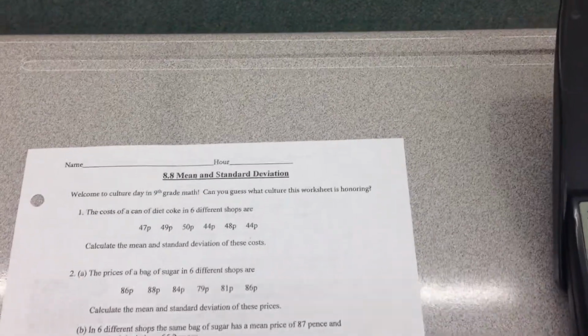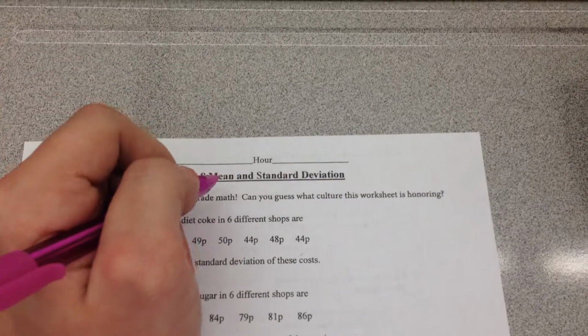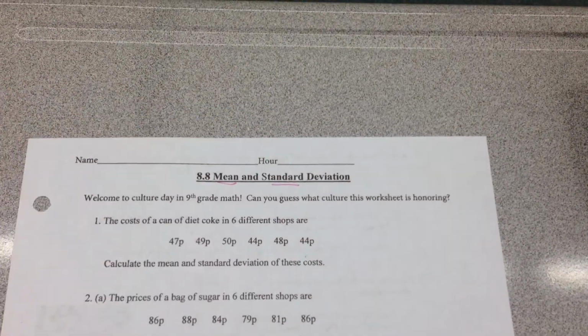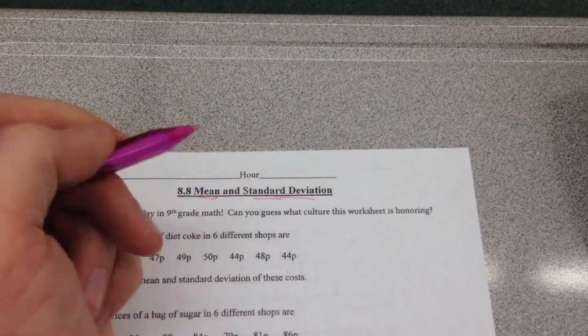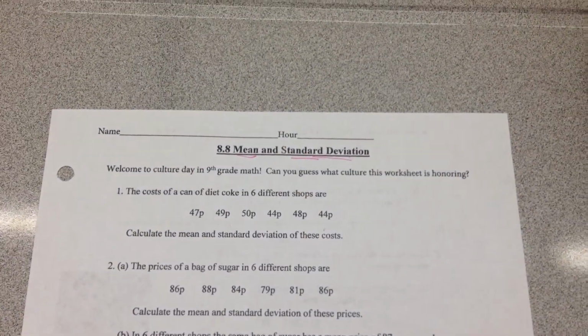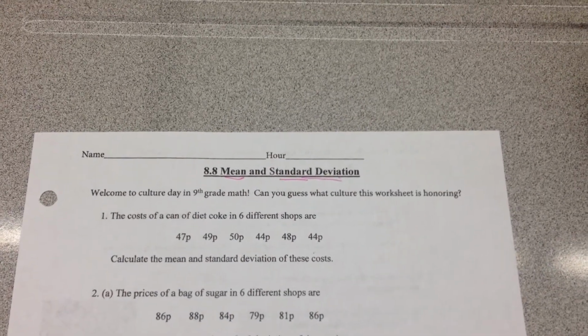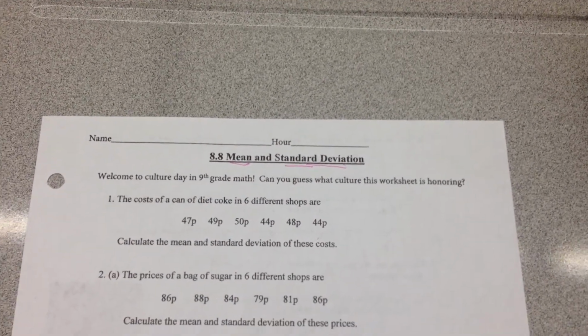Here we go. These lessons have been about standard deviation, and this worksheet is going to cover both the mean and the standard deviation of different groups of numbers. We've already talked about mean: it's just one of the averages we can find. It's a way of saying what's normal, and standard deviation is a little tricky.